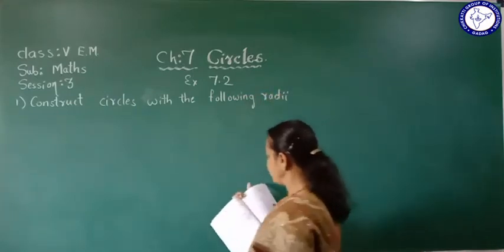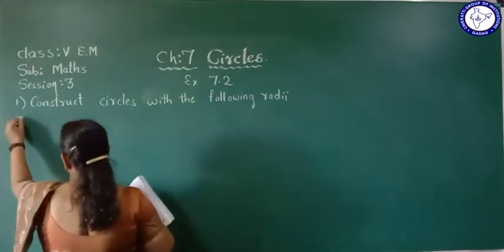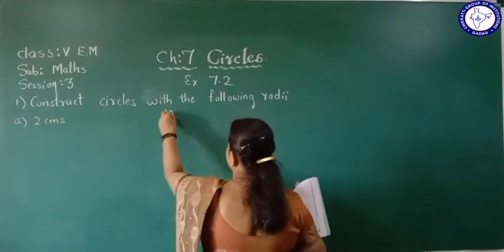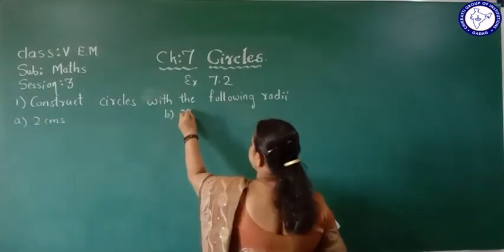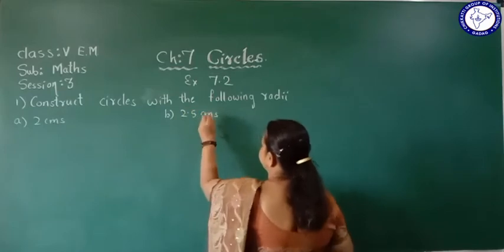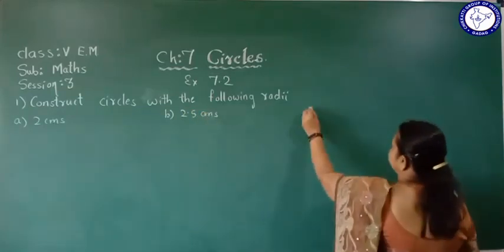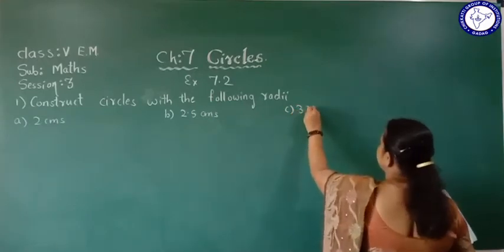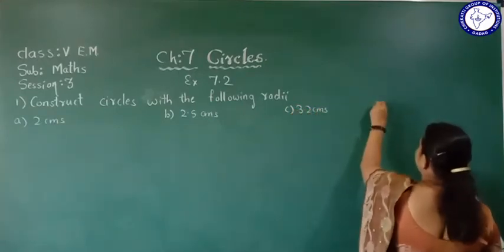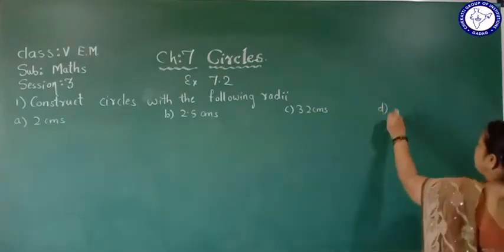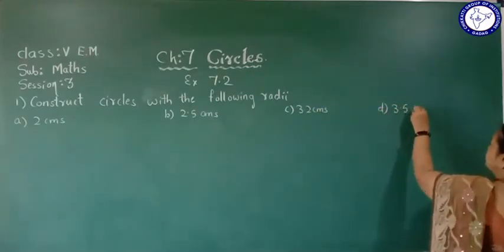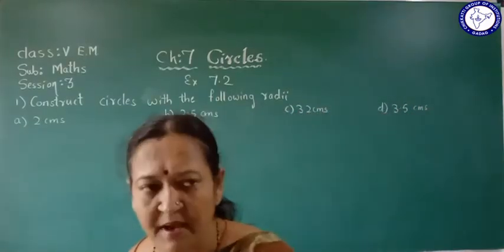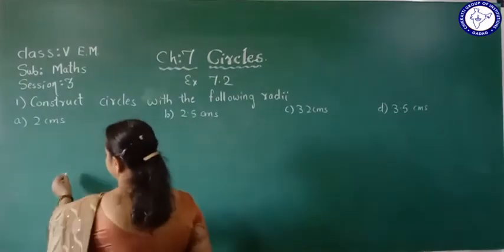The first one is 2 centimeters. The second one is 2.5 centimeters. The third one is 3.2 centimeters. And the fourth one is 3.5 centimeters.